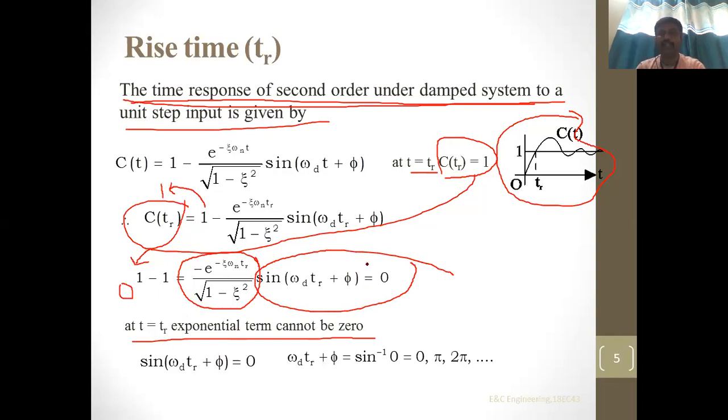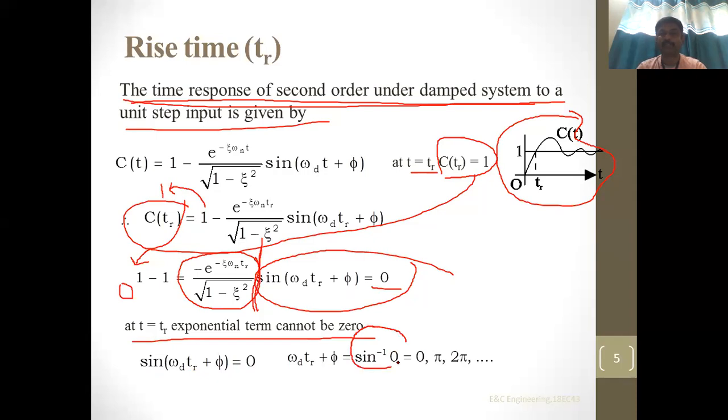Thereby, the possibility is that the sine term is 0. Thereby, sine of omega d tr plus phi is equal to 0, or omega d tr plus phi is equal to sine inverse of 0.